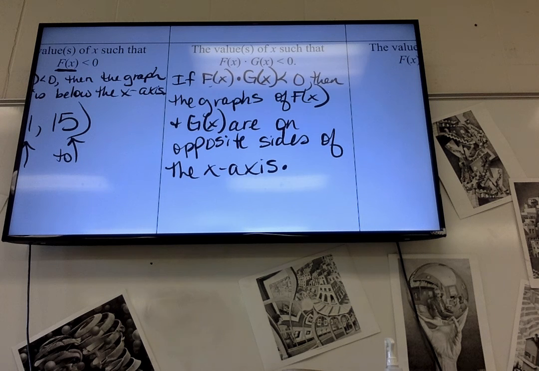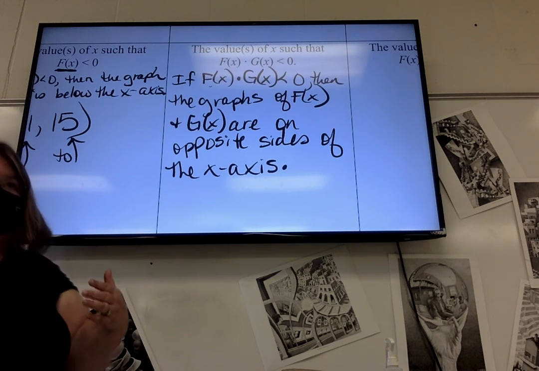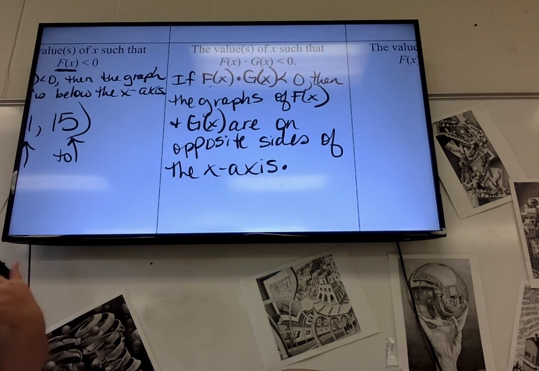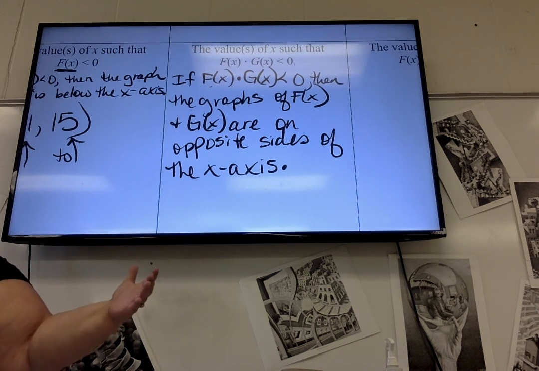Now let's think about why that would be true. How do you get something less than 0? It's negative, right? What has to be true when you're multiplying two numbers in order to get a negative? One has to be positive and one has to be negative.